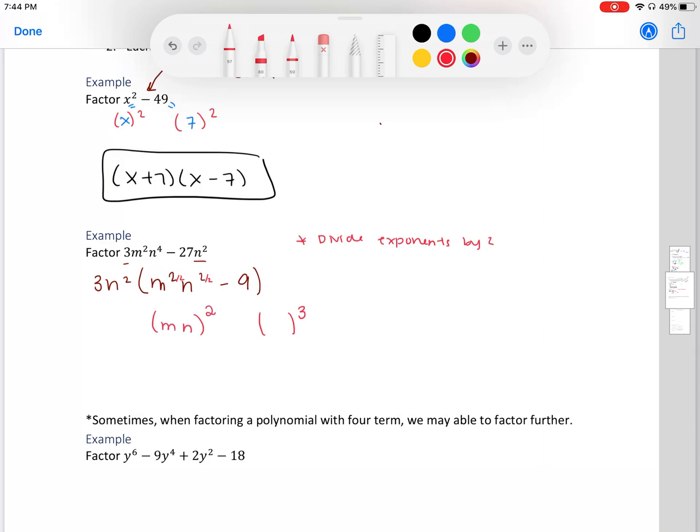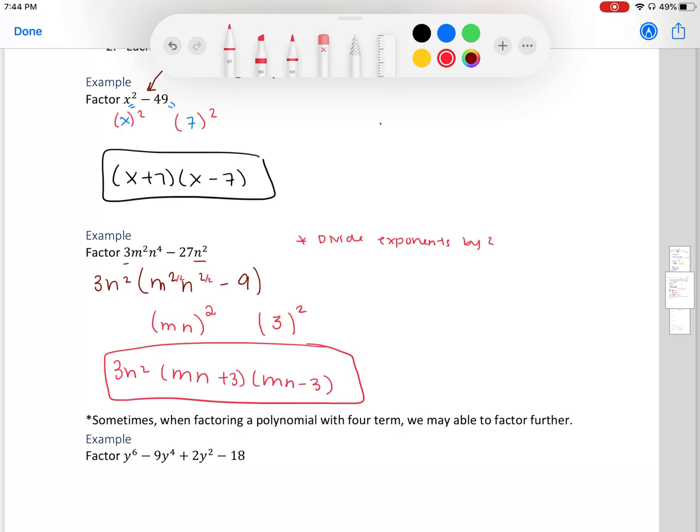And for my number, I don't know why I wrote a 3. It's supposed to be a 2. 3 squared gives me 9. So this factors to be mn plus 3 and mn minus 3. Don't forget what you factored in the beginning. There we go.